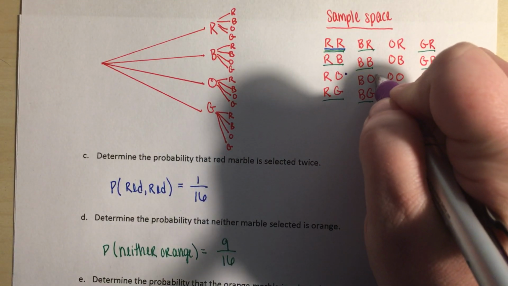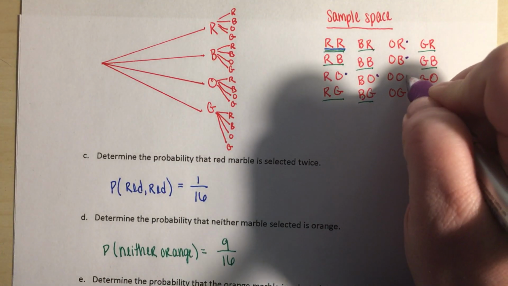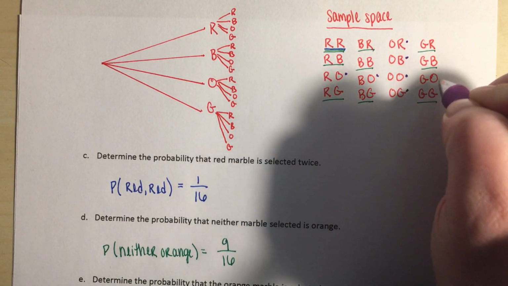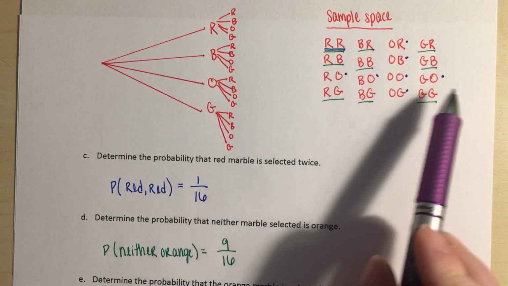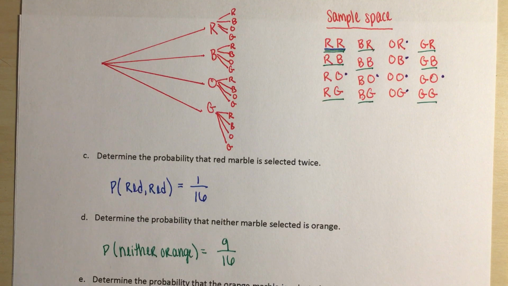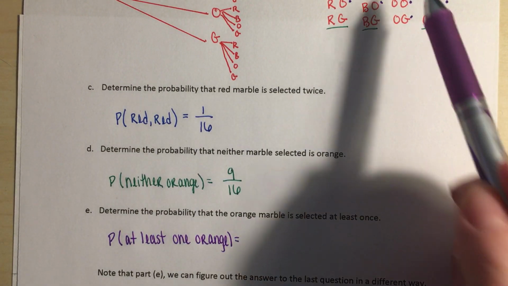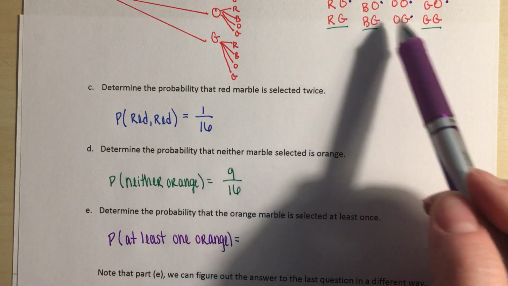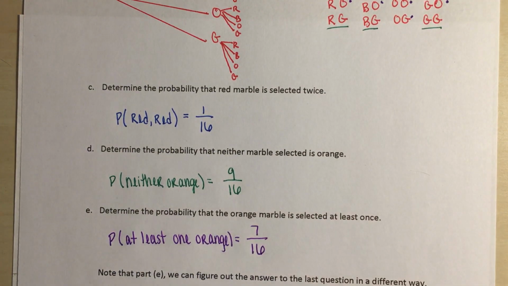So that one has an orange, that one does, this one has an orange, that one does, this one has 2 oranges, orange and orange. If we look at this, what we've just marked are the ones that we didn't use in part D. So our answer for E, if we count all of these up that I just put a dot next to, we have a total of 7 out of 16.